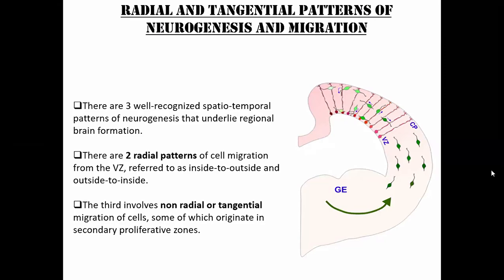However, you have the third, the non-radial or tangential migration of cells. So your cells migrate into different portions, into a radial pattern and into a non-radial or tangential pattern, which later give rise to the different zones of your brain.